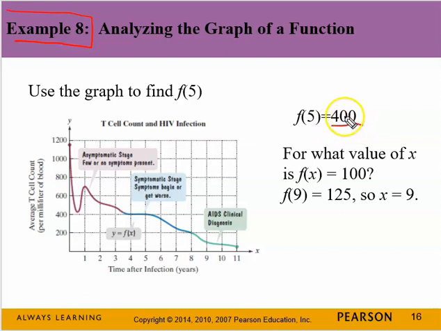Now let's find that on the graph. So our x value is 5, would be right there. And our y value of 400, there it is right there. We bring it over, and there is our 400. Very good. For what value of x is our y value now of 100? Let's look at that. Now 100 is right about there.